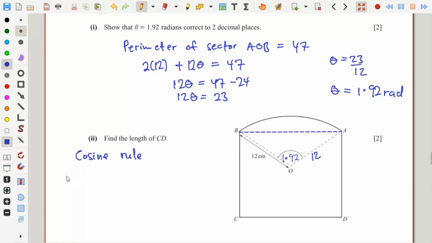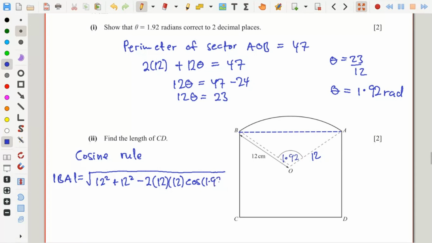So BA is equal to the square root of 12 squared plus 12 squared minus 2 times 12 times 12 cos of the angle 1.92. So when I solve this, I am getting 19.7.